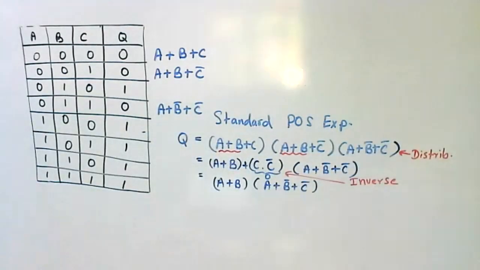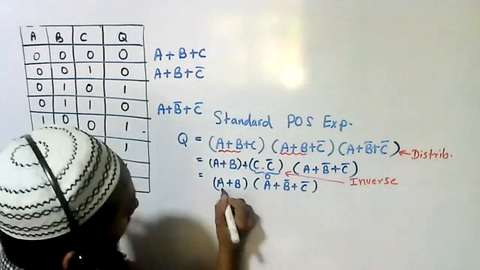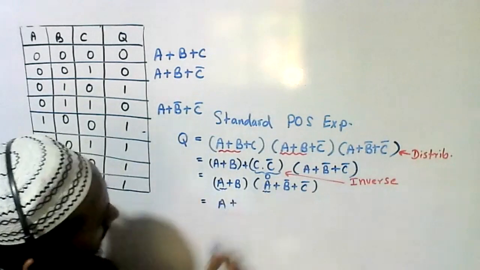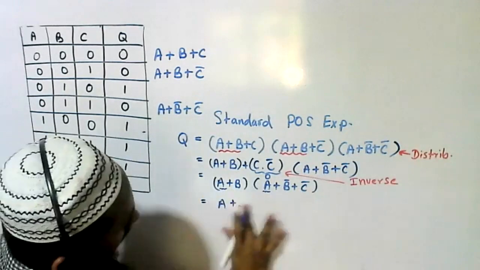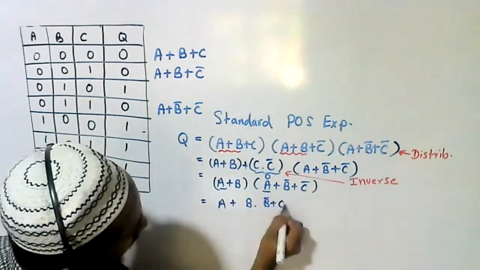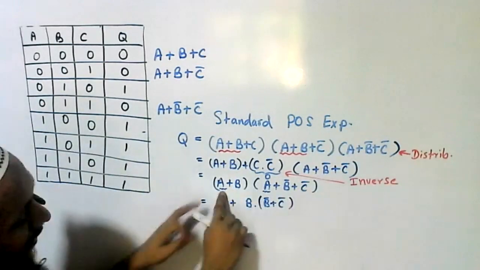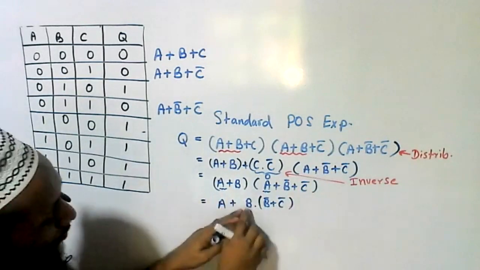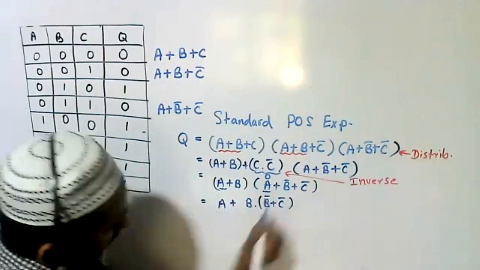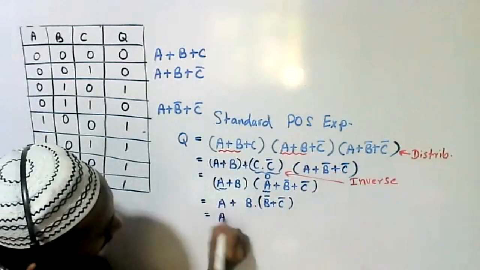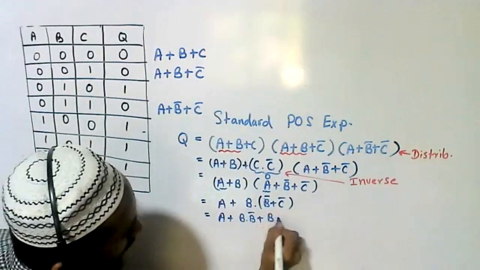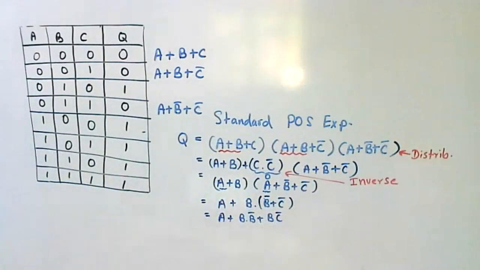Again I can use the distributive law here. A is common, so A plus B into (B bar + C bar). I took A out: A + B(B bar + C bar), which is A + B·B bar + B·C bar.